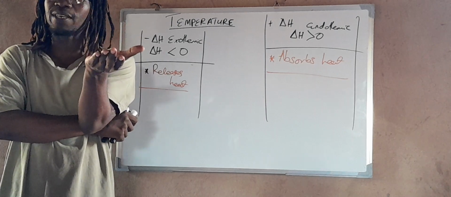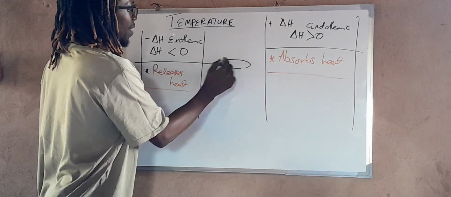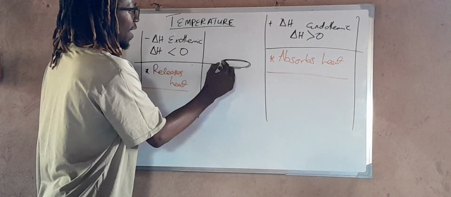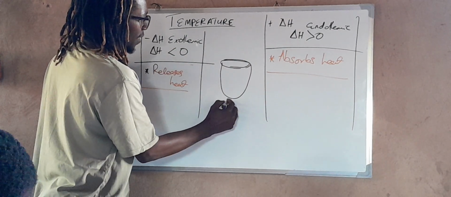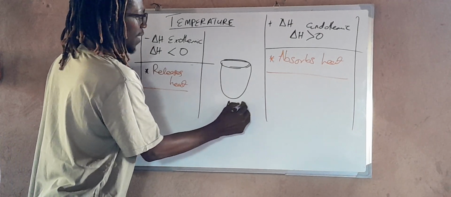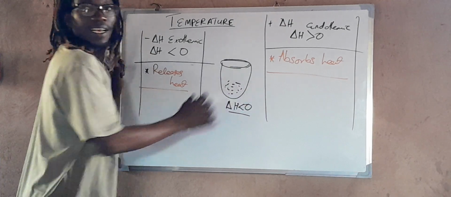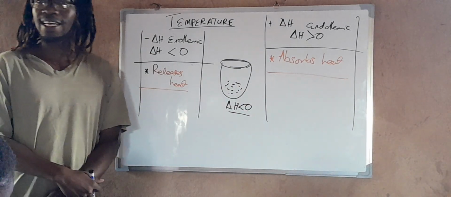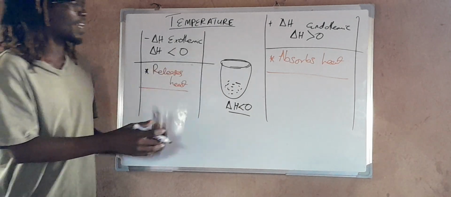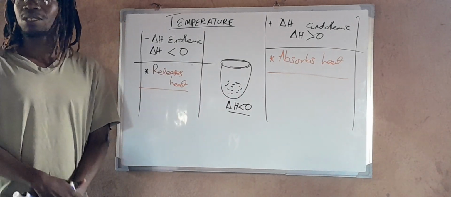Do you get my point? If we have a closed container here, a beaker, and an exothermic reaction is happening inside, then after the reaction has happened, the beaker will be warm or hot.